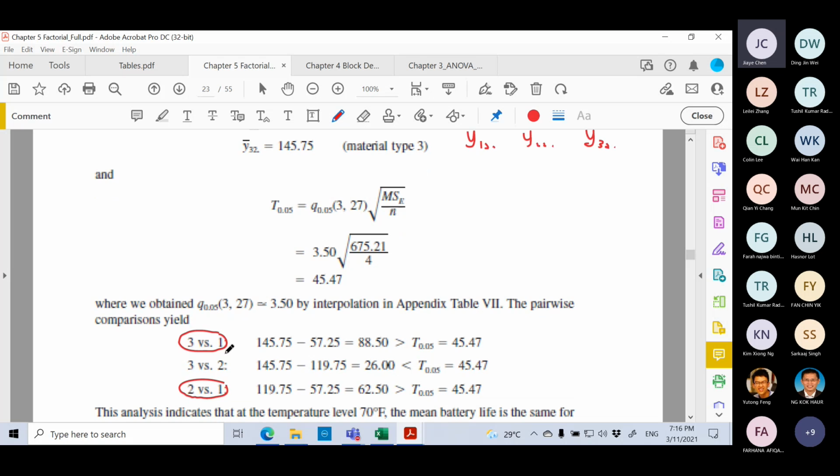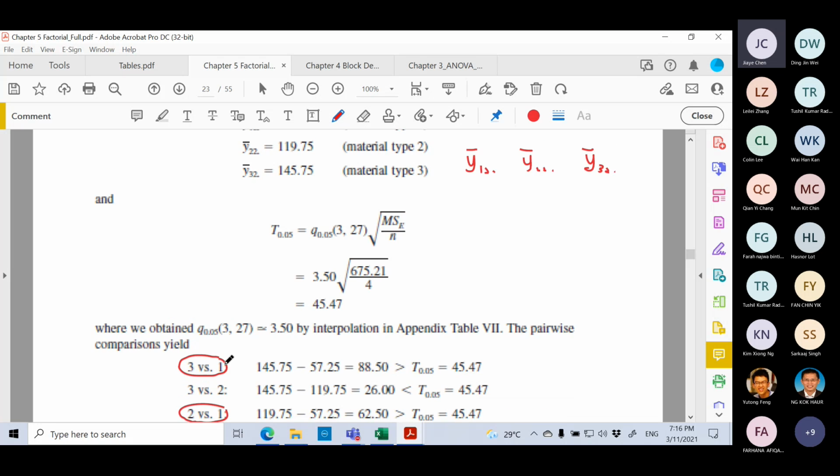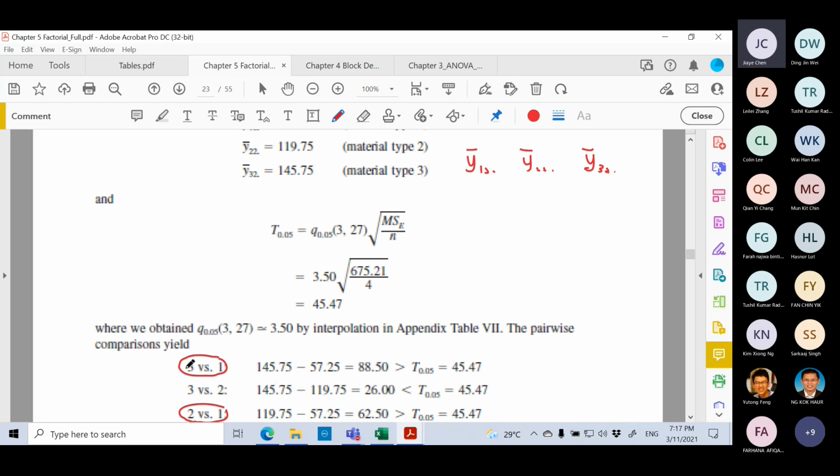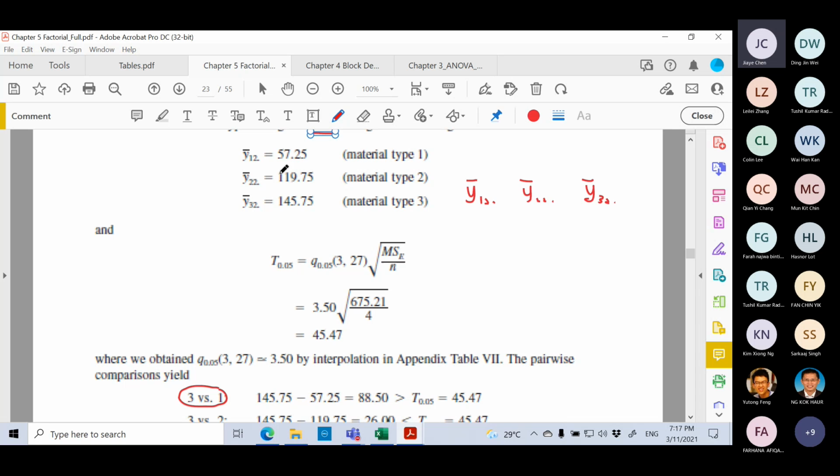Another one is the pair of 2 and 1 here; these two are also significantly different. The only one with no difference is 3 and 2. So even though you can see the values here are 119 and 145, in fact the test shows that these two materials are not significantly different.